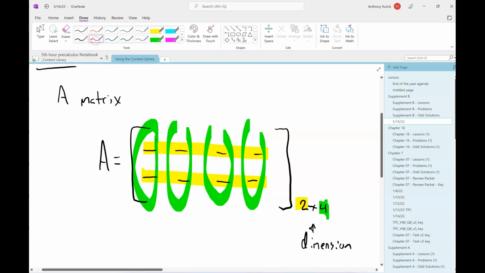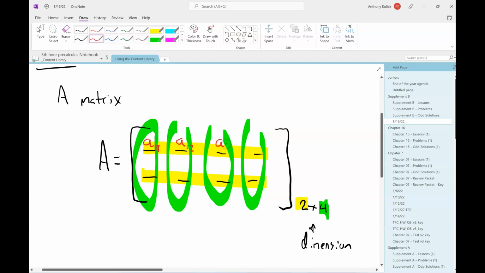I would name this first spot with a lowercase a, since our matrix is named with the uppercase A. Since it's in the first row and first column, I would name it A11. The next spot, because it's in the first row and second column, I would name A12.